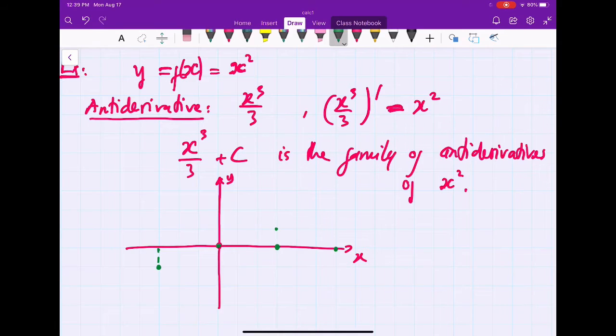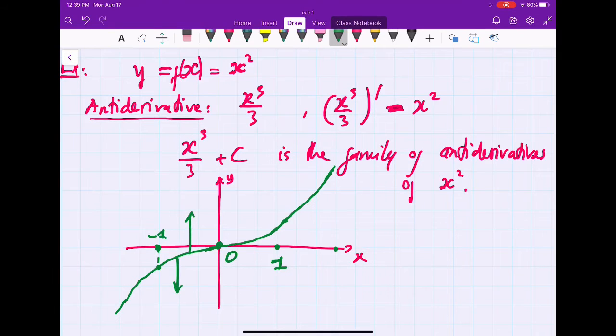So we might have the following picture. Here the function is odd, right? So the graph is symmetric with respect to the origin. So I have 1 here, -1 here. All right, so if I add c to this graph, that means I have to move the graph up and down.